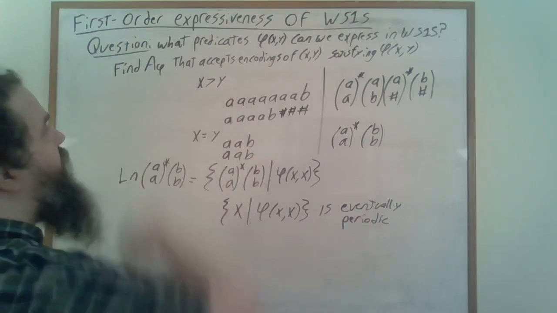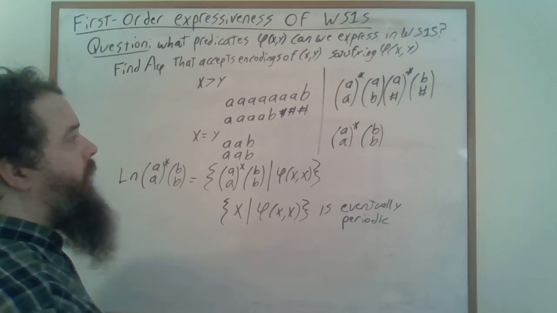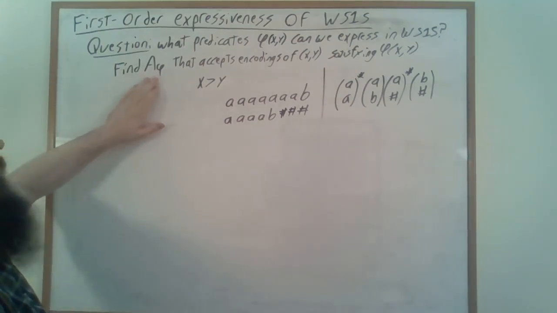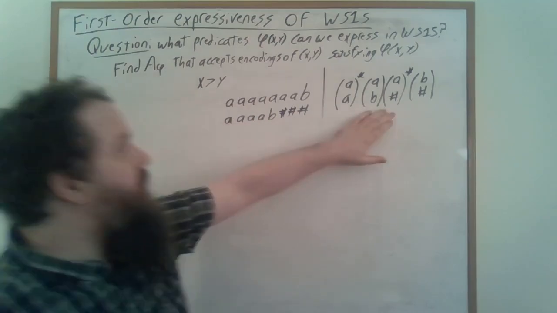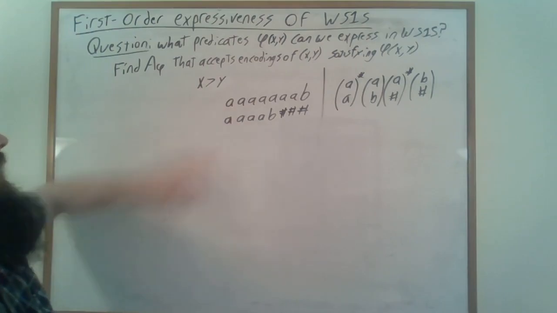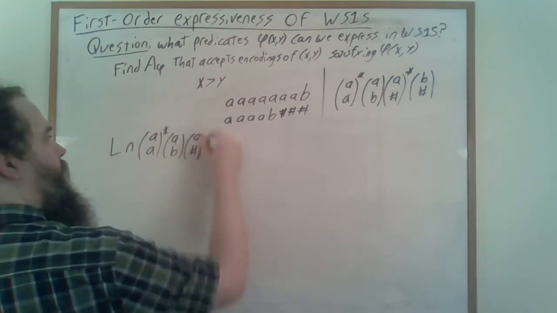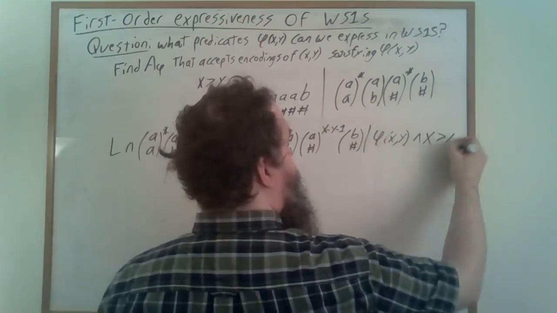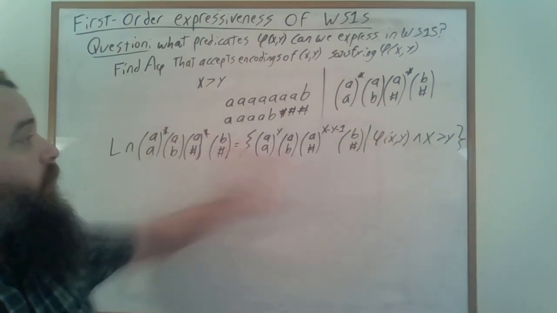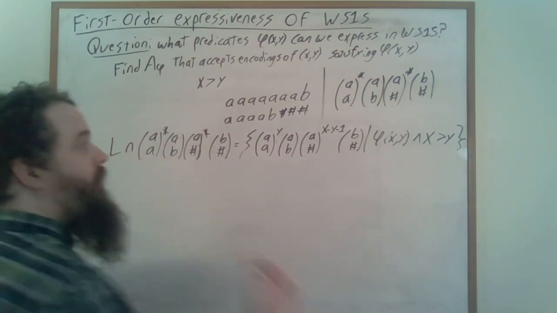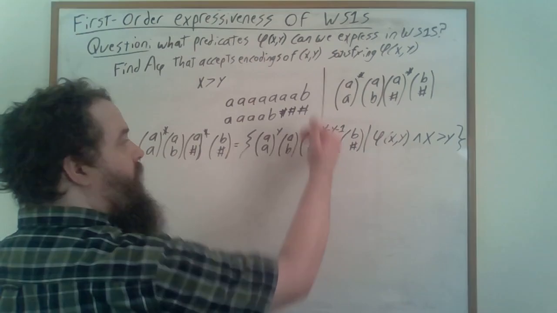What about the case where x is strictly greater than y? Again, we can take the language accepted by our automaton and intersect with this template here to focus in just on that case. When we take that intersection, we get exactly the set of words here, exactly the encodings of pairs x, y.